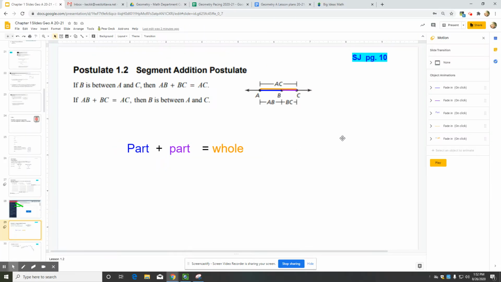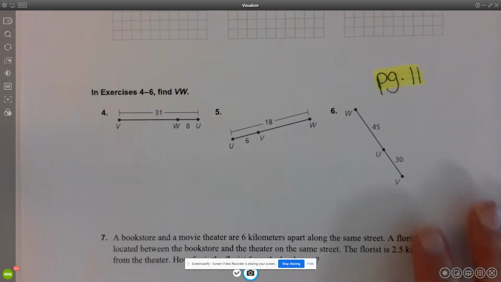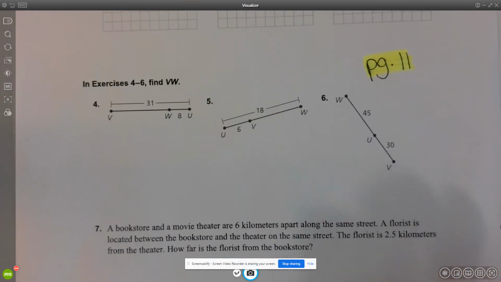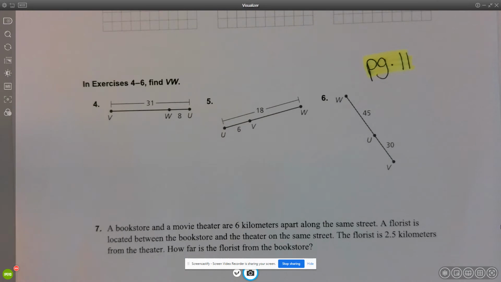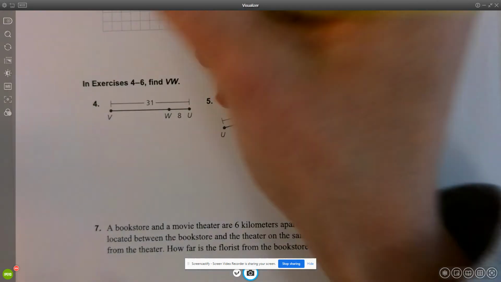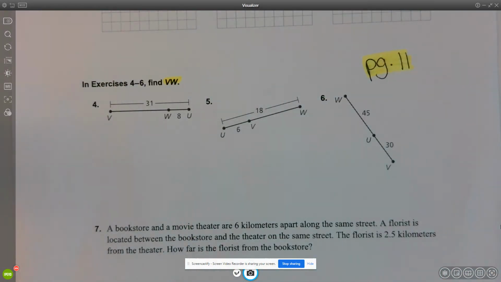So if you could please turn to page 11 in your student journal. We're going to start with numbers 4 through 6. In 4, 5, and 6, our job is to find the length of VW, and we're going to be using the segment addition postulate.